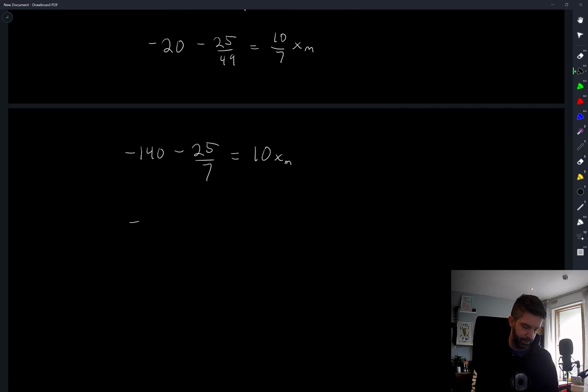Let's say negative 14 minus 25 over 70 is equal to xm.